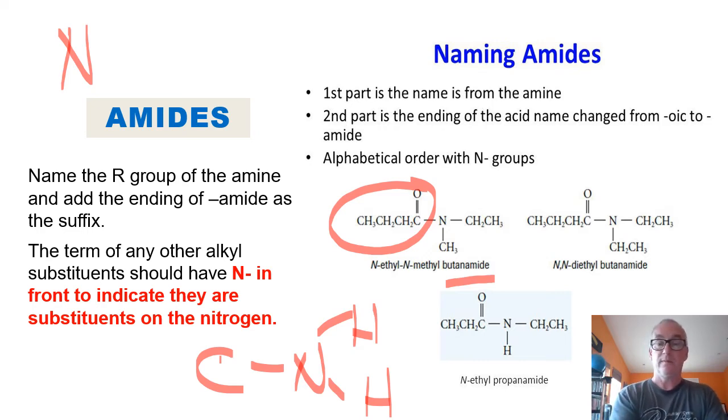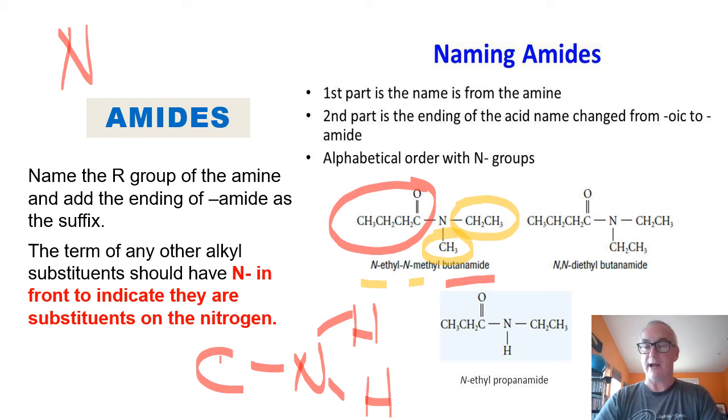So here we have a methyl group and an ethyl group. So we would go N-ethyl, N-methyl butanamide. We go in alphabetical order, so ethyl comes before methyl. So we put the ethyl first, the methyl second.